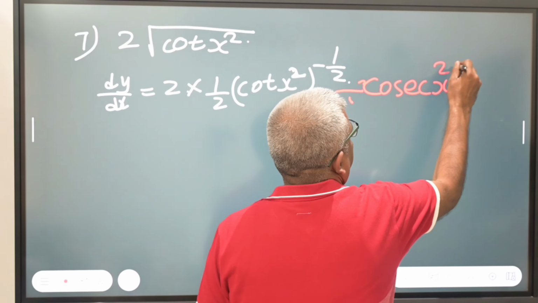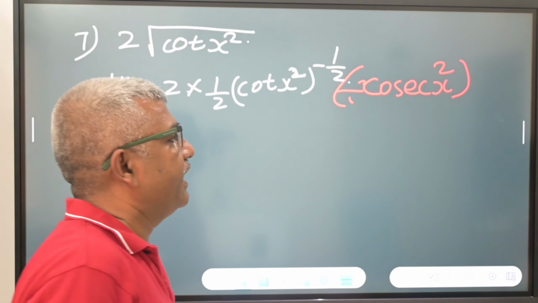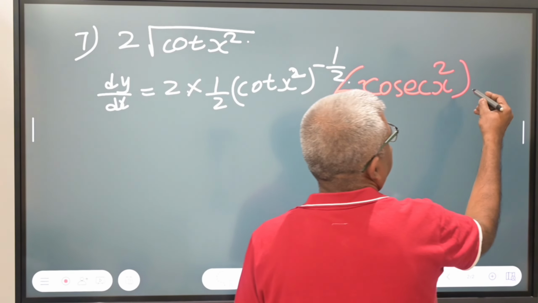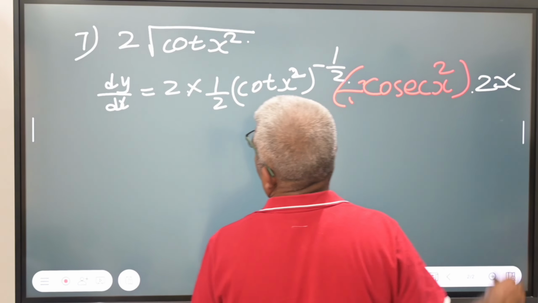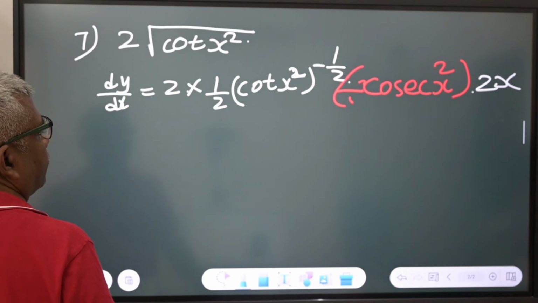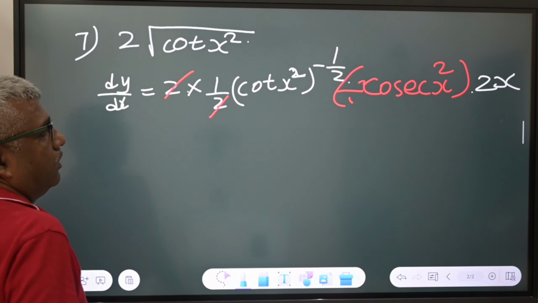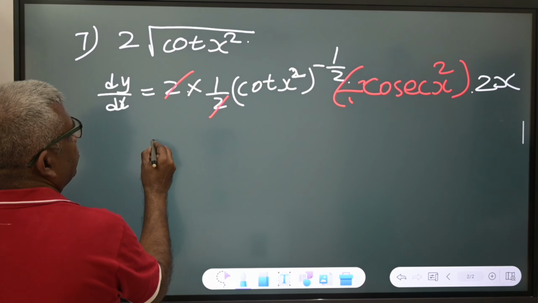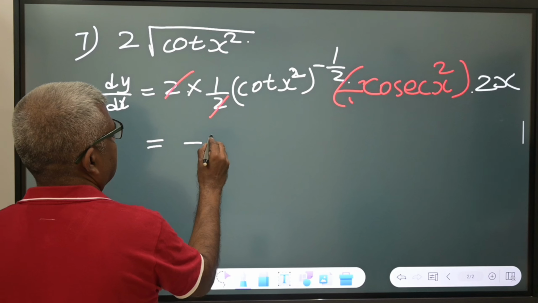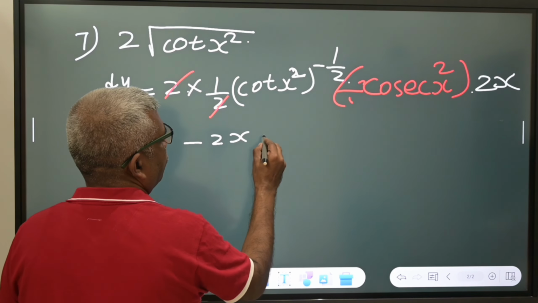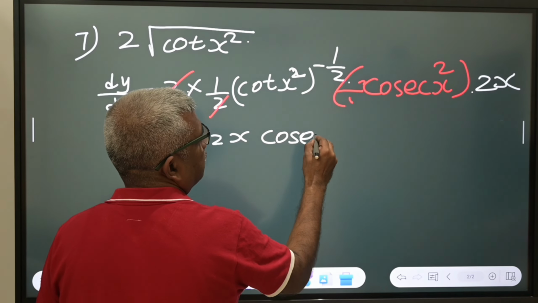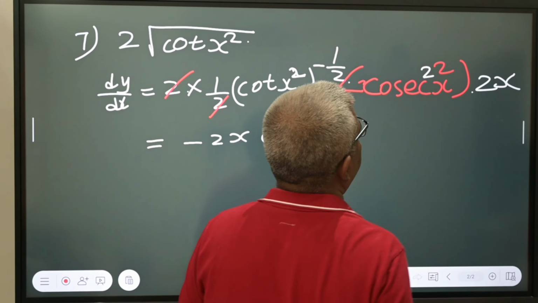Then x squared if you differentiate, 2x. So minus 2x cosecant squared x squared.